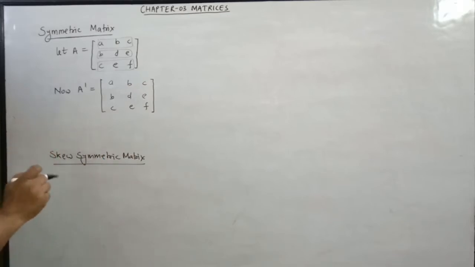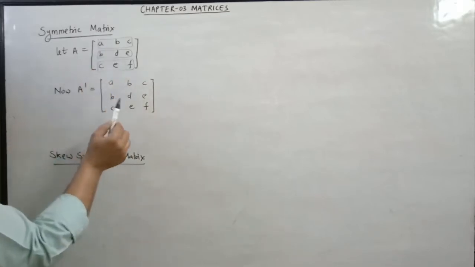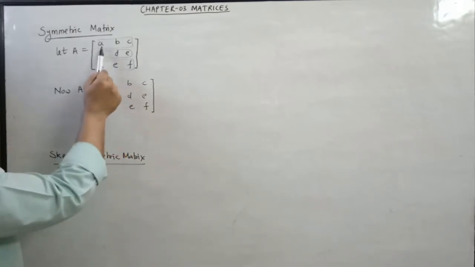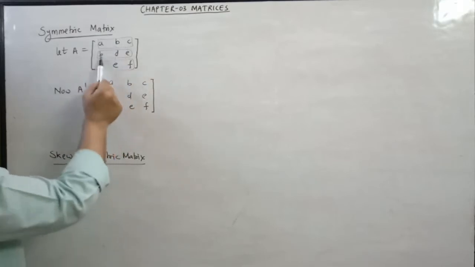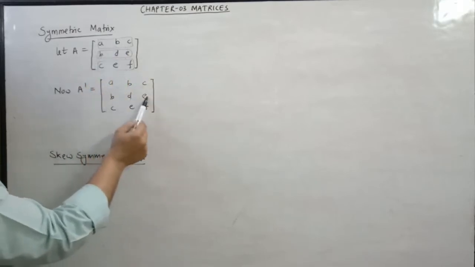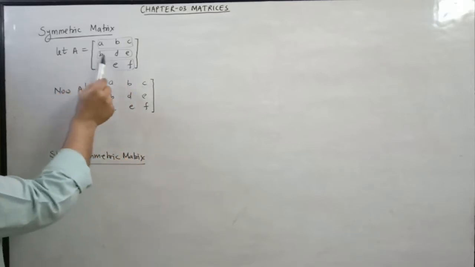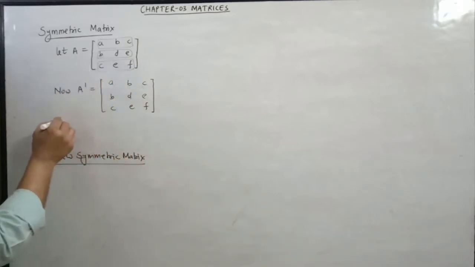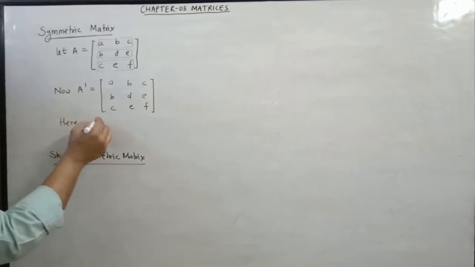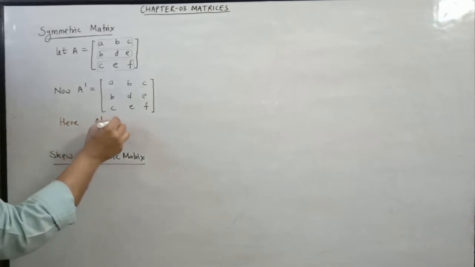What are you seeing here? That you are seeing that these two matrices are same. Let's compare the first row ABC, first row ABC, second row BDE, BDE, third row is CEF, CEF. So it means the transpose of this matrix is equal to the original matrix. Okay? A dash is equal to A.